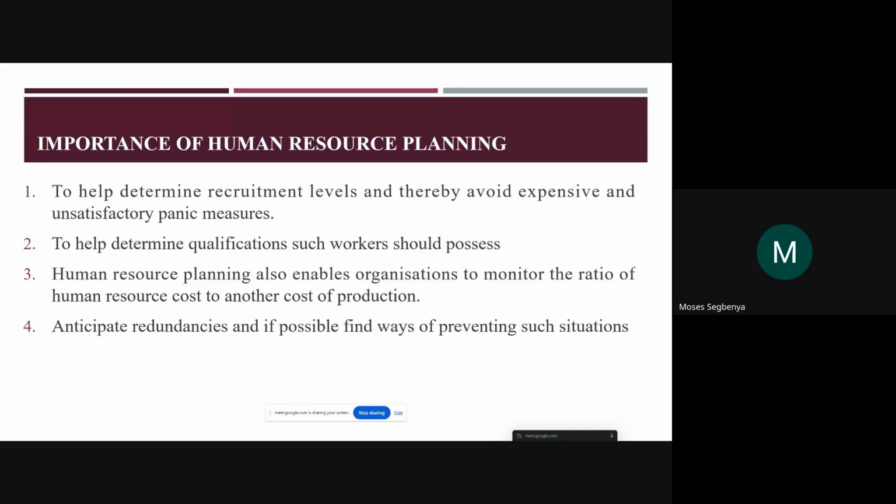So if you don't plan, you don't know how many people will be affected and what packages you should prepare for such people. And there are legal perspectives to declaring a job as redundant and declaring people as redundant.